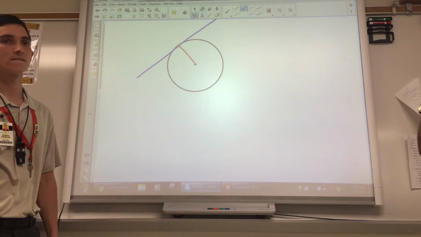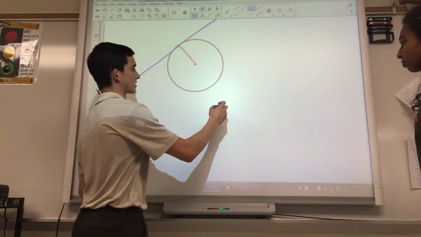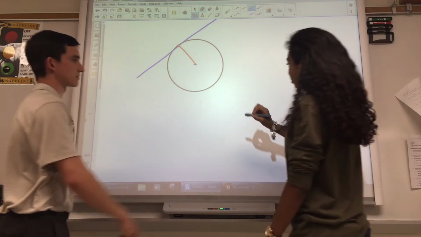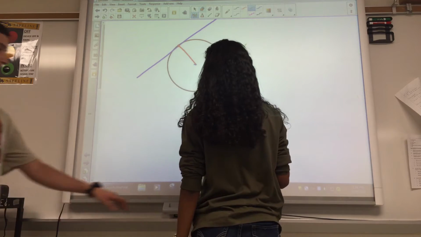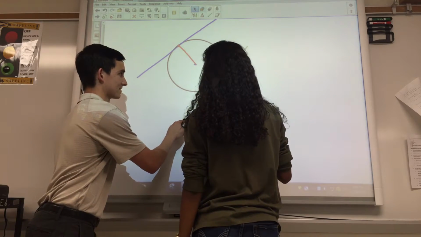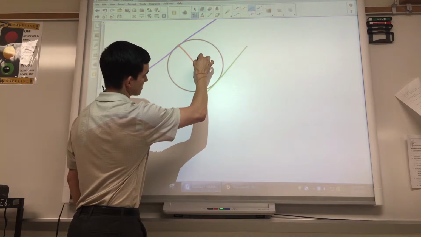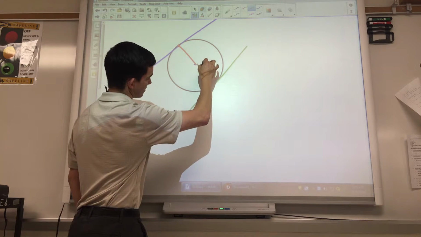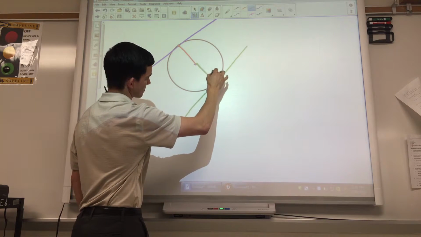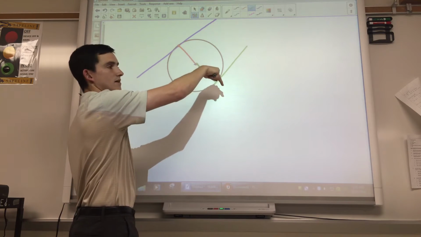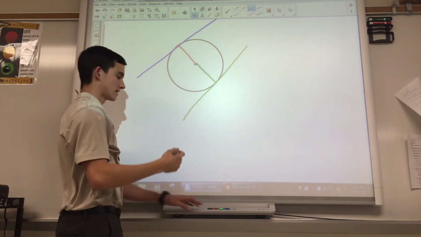If you can't see it, go ahead and make another one, any tangent anywhere. We'll cheat it. Okay, so look, there's the point of tangency right there. What's the relationship between that radius and that tangent line, and this radius and that tangent line?